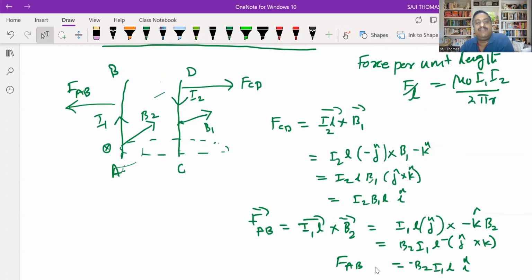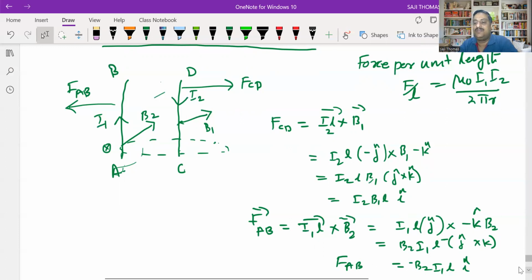See, AB is moving away from CD. CD is moving away from AB. That means they repel each other. So anti-parallel currents repel each other. Always remember, parallel currents attract each other. Anti-parallel currents repel each other.